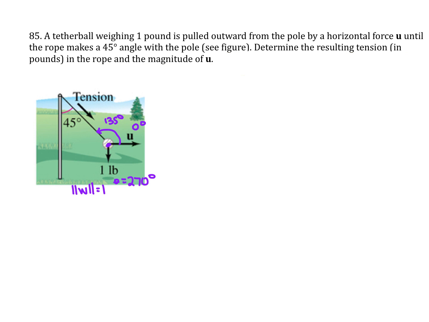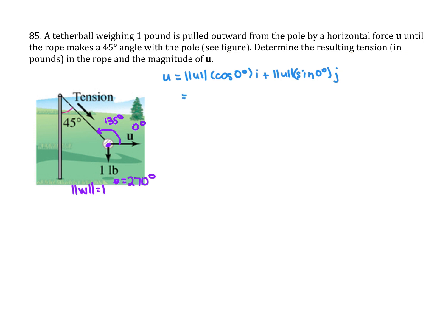We have the vector U is the magnitude of U times cosine of 0 degrees, i, plus the magnitude of U, sine of 0 degrees, j. Let's simplify our equation a little bit and evaluate cosine of 0 and sine of 0.